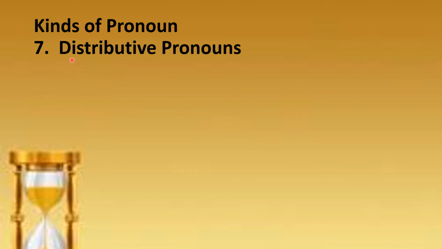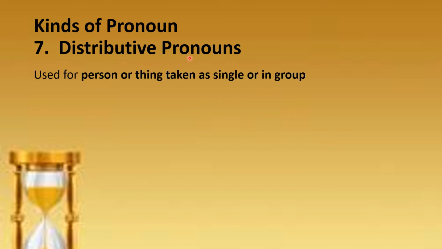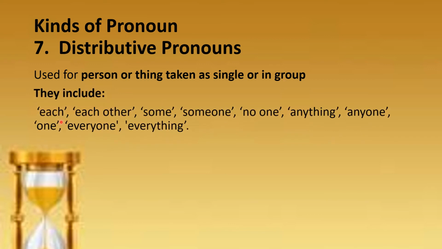Let's talk about the seventh kind of pronoun, which is known as the distributive pronoun. As the name shows, distributive pronouns are used for a person or thing taken as single or in a group. And following are the distributive pronouns: each, each other, some, someone, no one, anything, anyone, one, everyone, and everything.